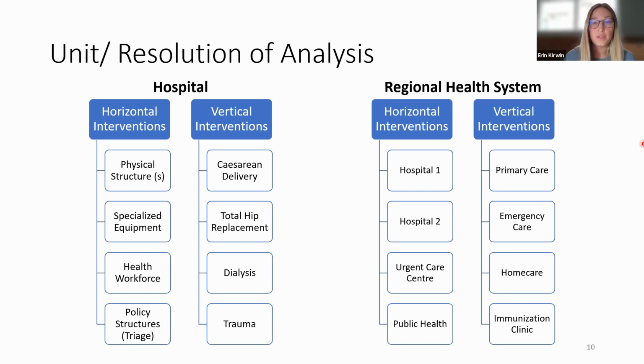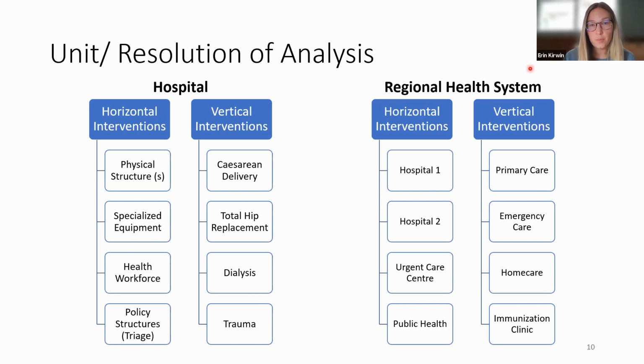And the vertical interventions are the different treatments and procedures that could be provided within the facility. These are fairly narrow interventions. We could get even more narrow to subsets of those interventions, like the anesthesiology, for example, associated with a total hip replacement.